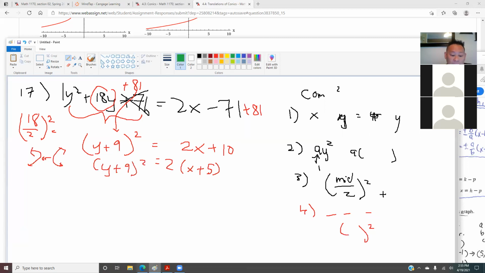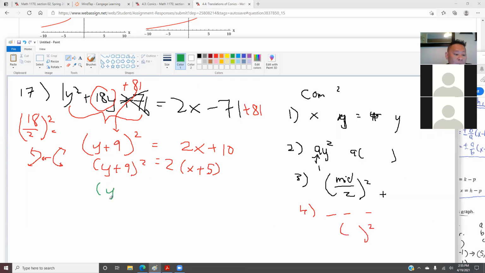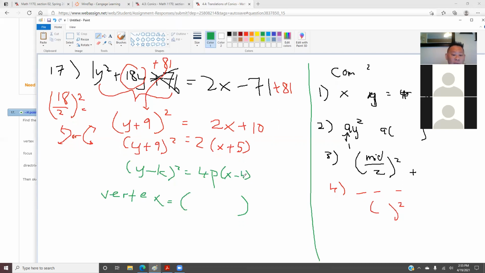And since this is the horizontal axis parabola, the formula is y minus k squared equals 4p times x minus h. So can someone tell me what is the vertex in this case? H and K. What's your vertex?